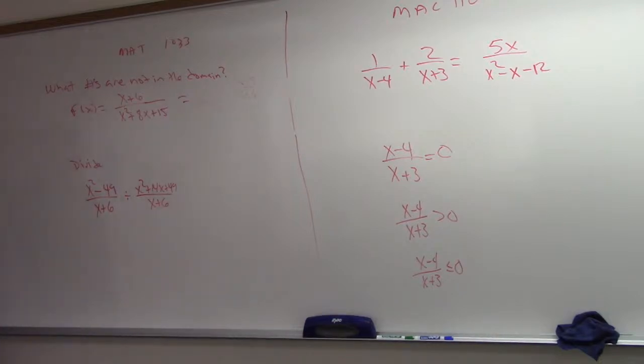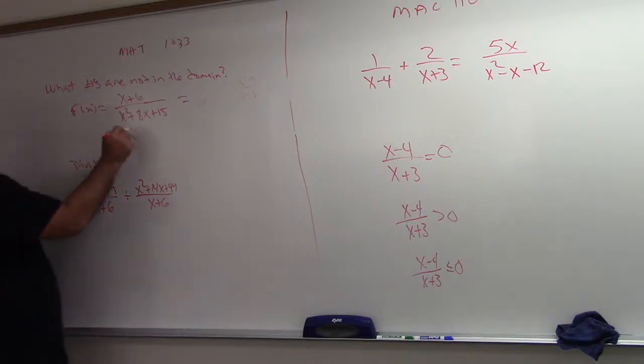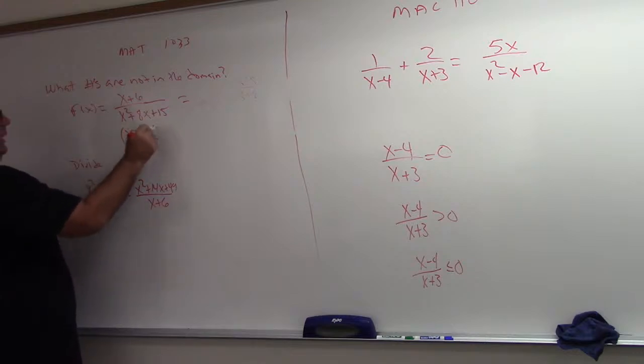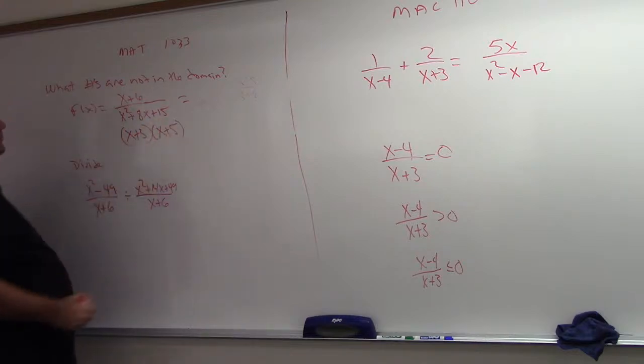What numbers are not in the domain, Greg? Greg said, good question, because I had put x plus 6 over the factor bottom. So you factored the bottom. Yeah. Now what numbers are not in the domain?